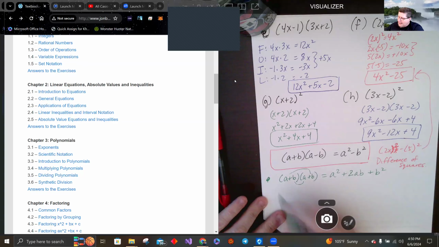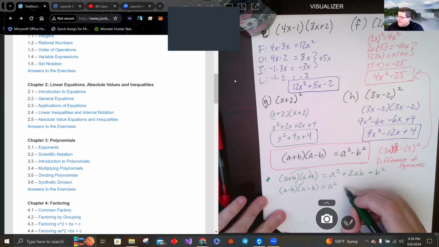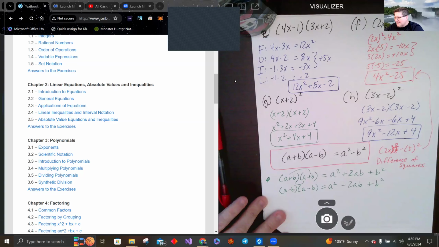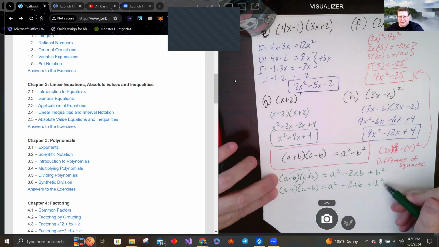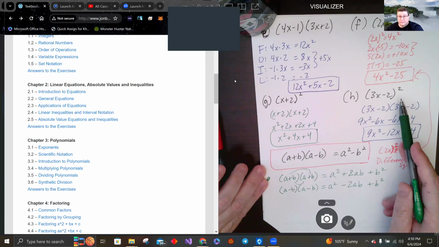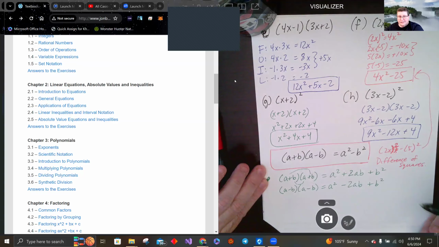And if you do A minus B times A minus B, you get A squared minus 2AB plus B squared. I don't know that you save any time memorizing this formula. And I actually think it's more work to memorize it than just to multiply them out. Okay.